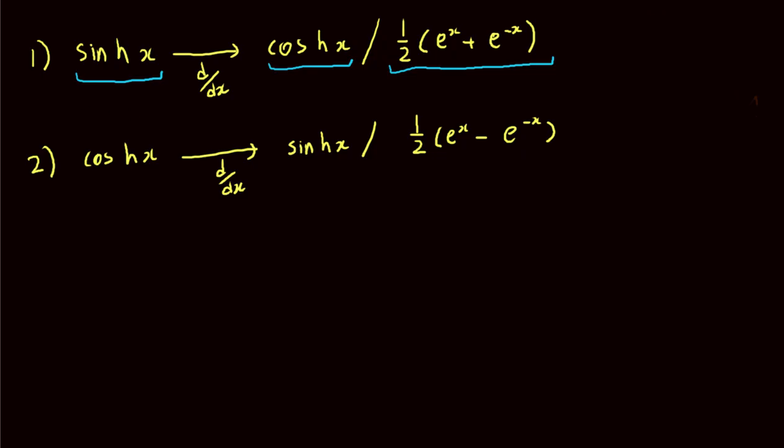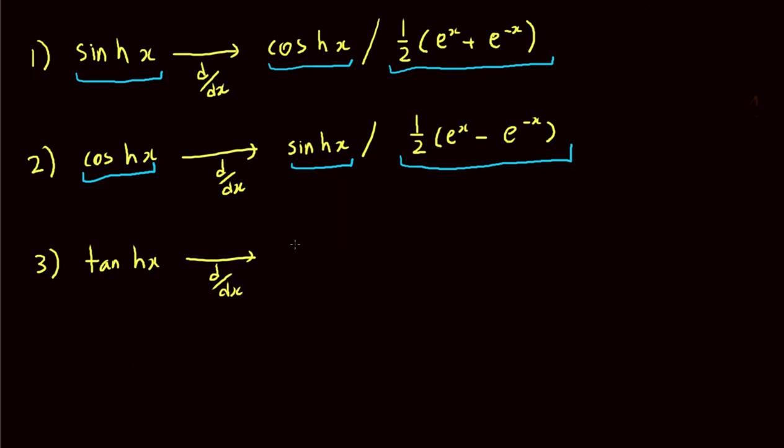So just like the sine hyperbolic function, if you differentiate cosine hyperbolic x, you'll end up with sine hyperbolic x, or half times e to the power of x minus e to the power of negative x.